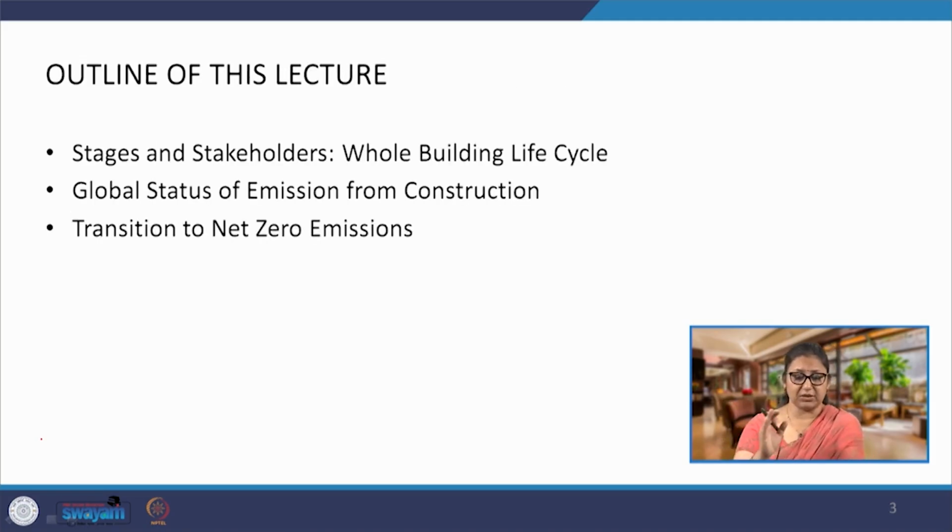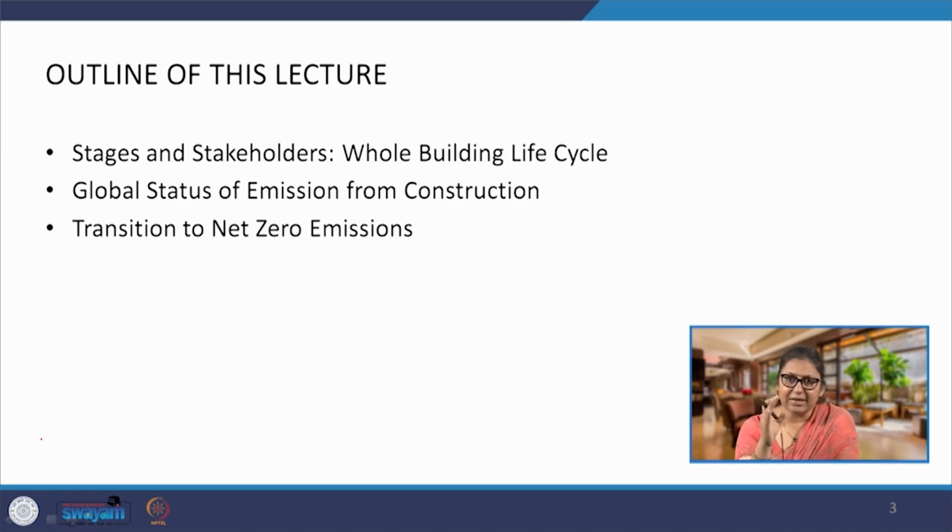Now, in this particular lecture, we are primarily going to focus upon the life cycle of the building, the emissions that accrue from the entire process of construction, use and demolition of a building as a product. So, we are looking at the whole building life cycle and who all are the stakeholders who are associated with different stages of this building life cycle.